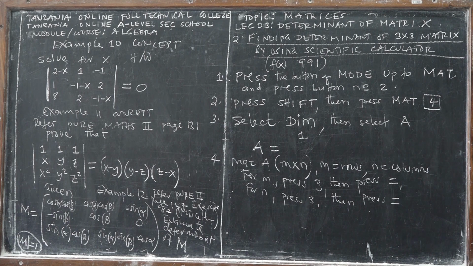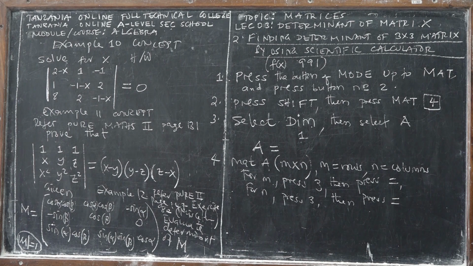The next step now, you see Mat 1,1. Mat 1,1 is just like when you had A1,1, A1,2, A1,3. Do you remember? So now you have to introduce the elements of the matrix. A1,1 is the first element in the first row and first column. A1,2 is the second element in the first row and second column.